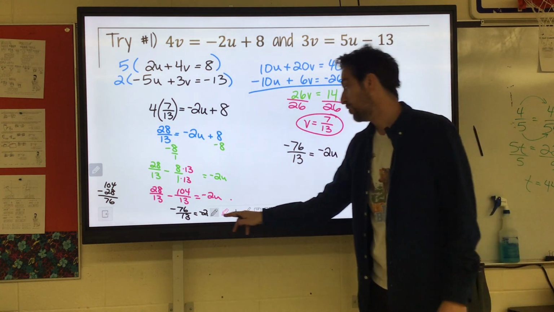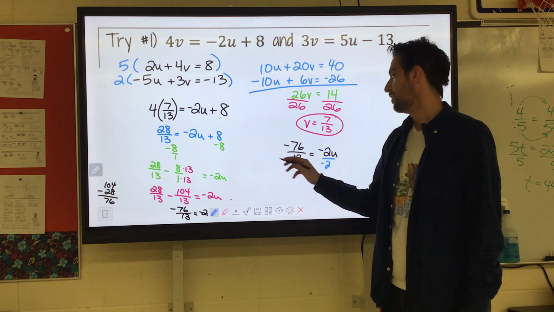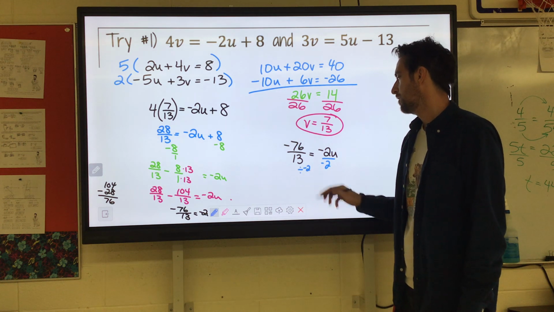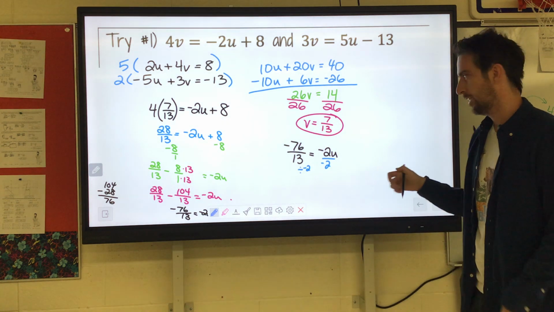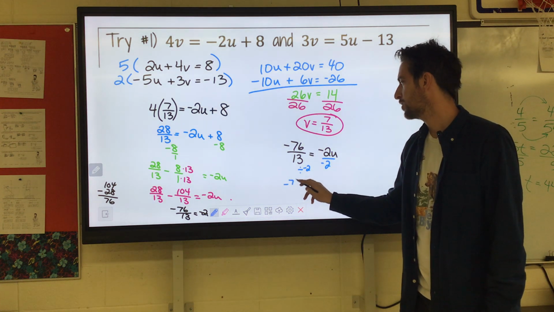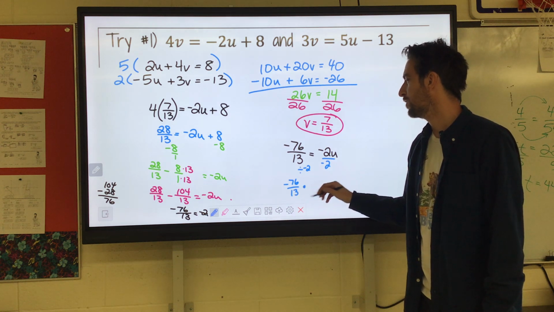We're going to have to divide by negative 2. Now that's kind of strange. We have a fraction divided by negative 2, but we're going to do the old keep, change, flip. We're going to keep our first fraction. We're going to change to multiplication, and we're going to flip that second fraction.